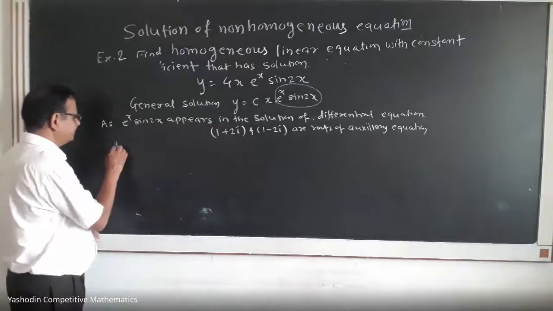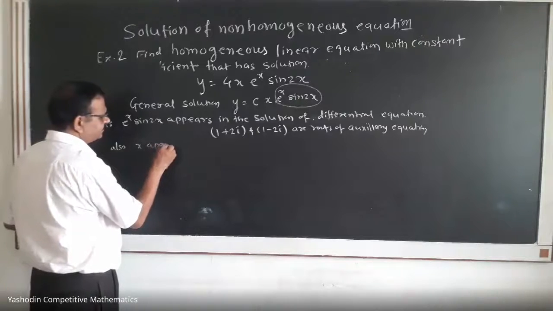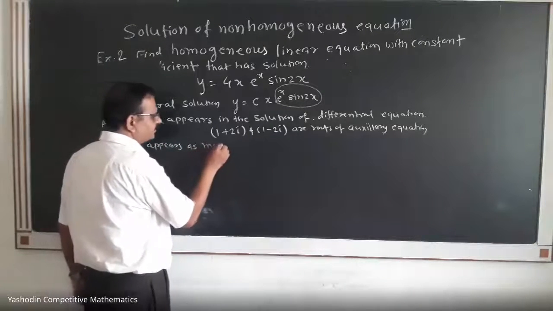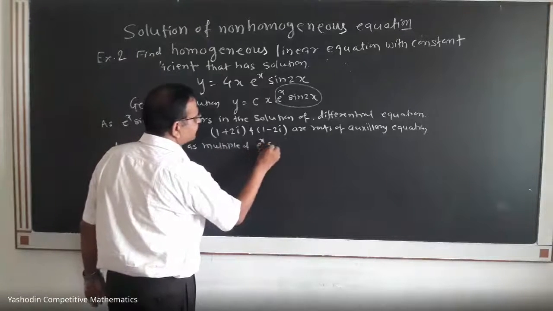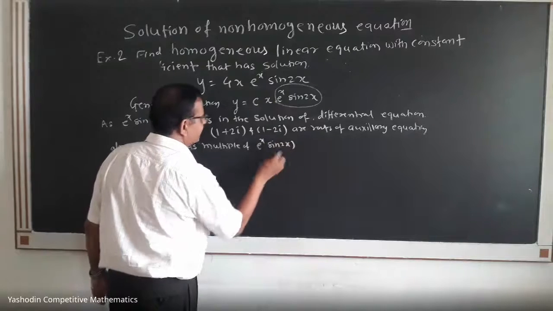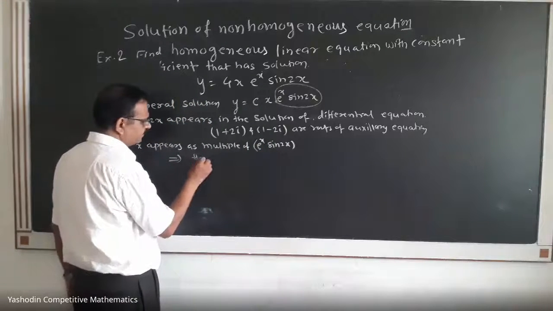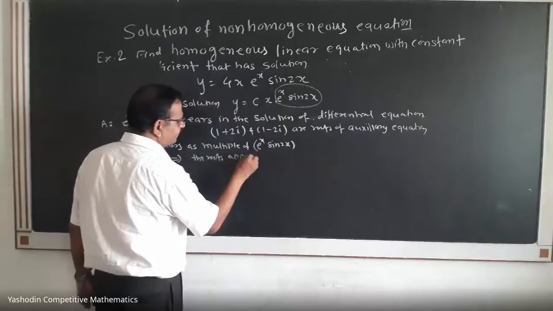Also, x appears as a multiple of e raised to x sin 2x. This implies the roots appear twice.